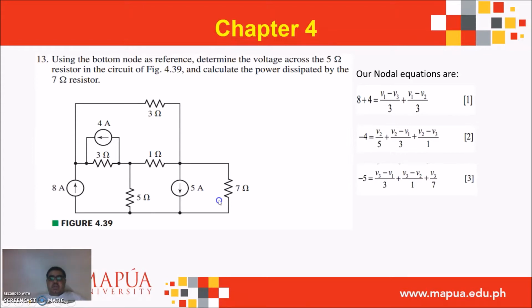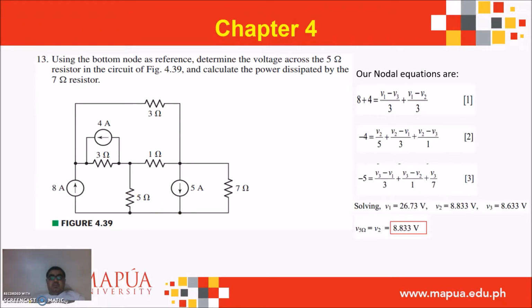And solving these three equations, we would get V1 as 26.73 volts, then V2 as 8.833 volts, and lastly V3 as 8.633 volts. Then the voltage across the 5 ohms is equal to V2, so it is 8.833 volts.